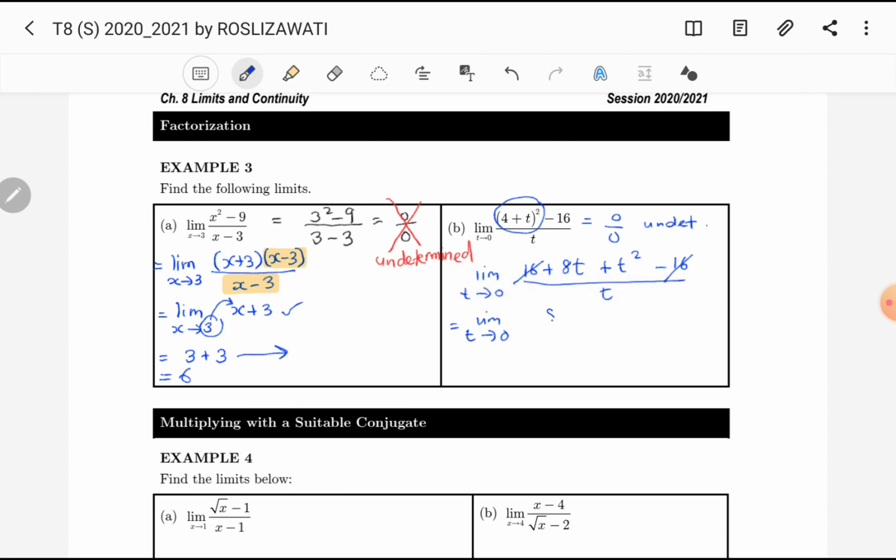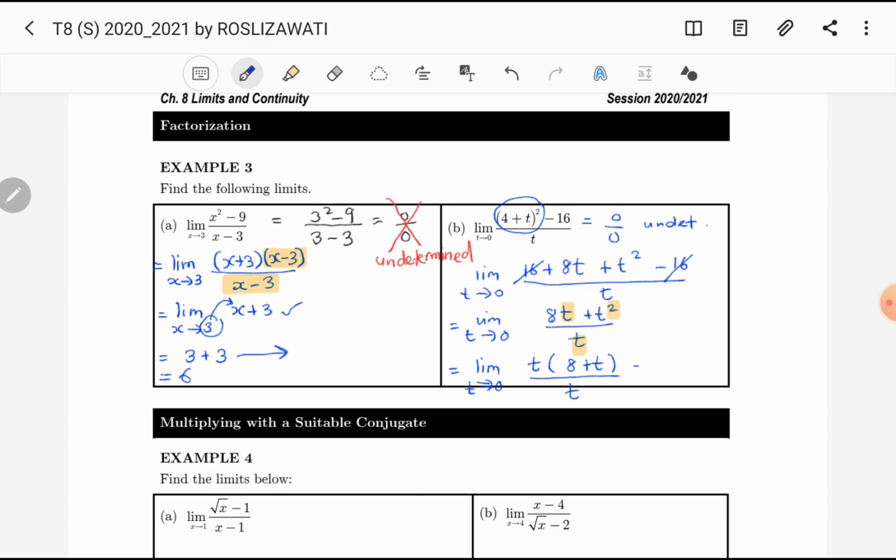So here it becomes 8t plus t squared divided by t. Can we simplify further? Yes, there is t, and here t squared, so we factorize t. So limit as t approaches 0, we take out t, so 8 plus t, divided by t.